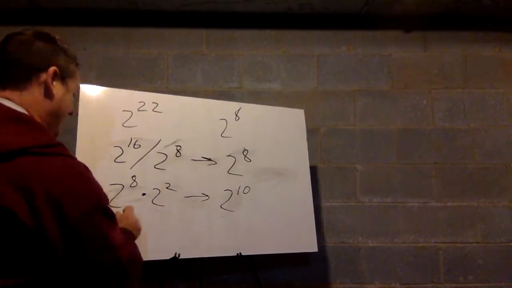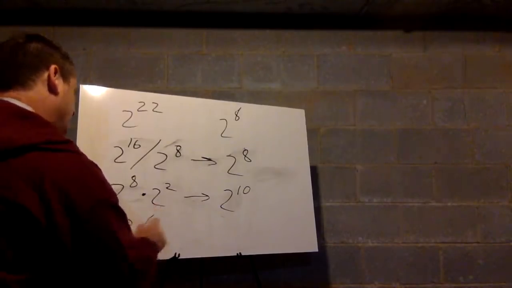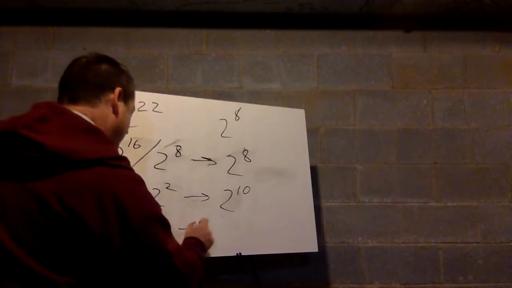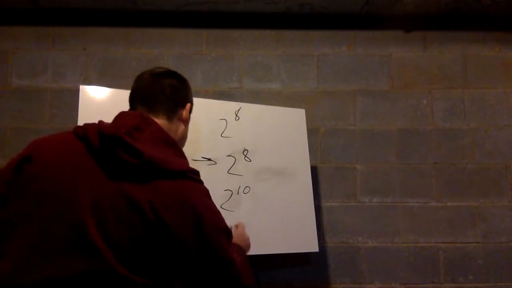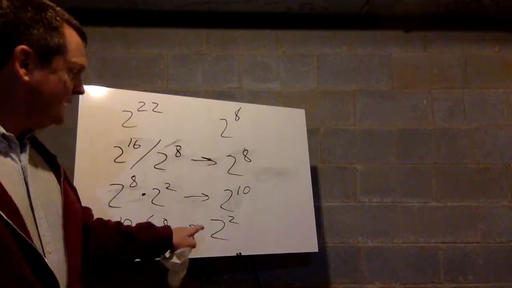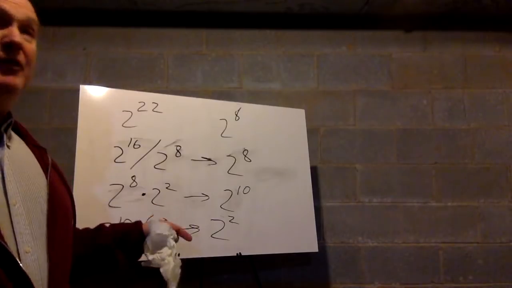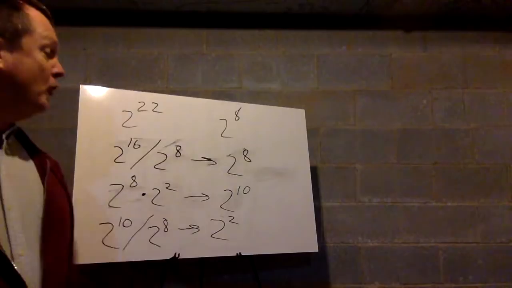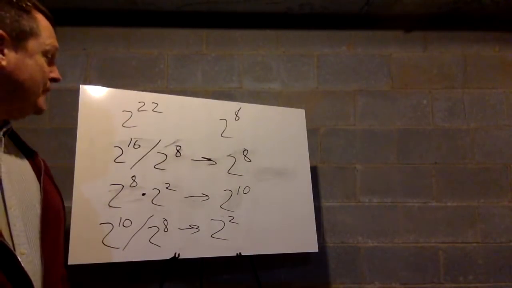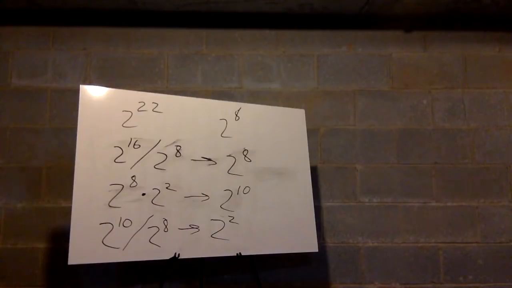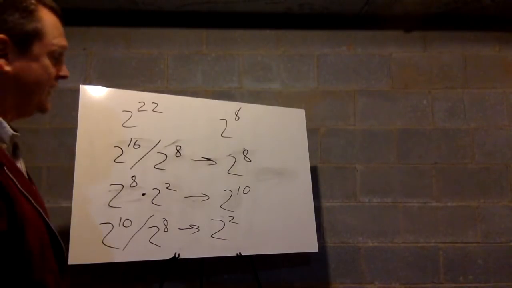So 2 to the 10th divided by the size of a page, 2 to the 8th, gives us 2 squared page-sized pieces for the level 2 page table. We've got to have a level 3 page table that keeps up with where each of those 4 pieces goes. And that's how many entries it's going to have: 2 to the 2nd, or 4 entries, for that level 2 page table.